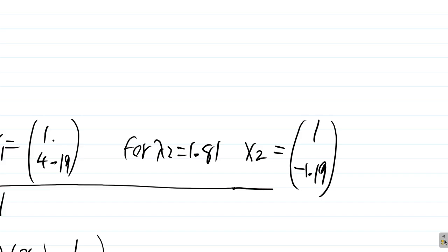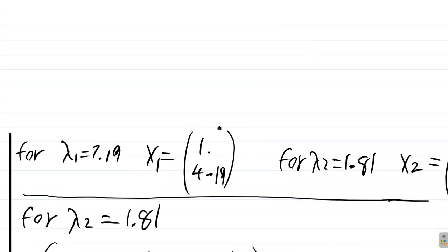So those are the solutions to what we have here.